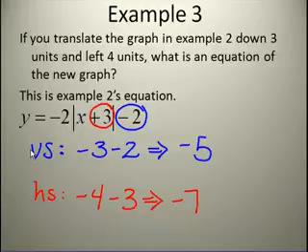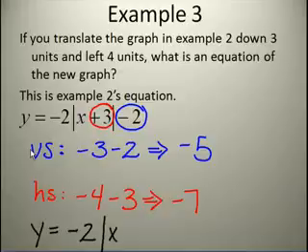So when I write my new equation, I would have y equals, I didn't shrink or stretch any differently, so that stays the same. So -2 times the absolute value of x plus 7 minus 5. And there's the new equation after you shift 3 additional units down and 4 additional units to the left.